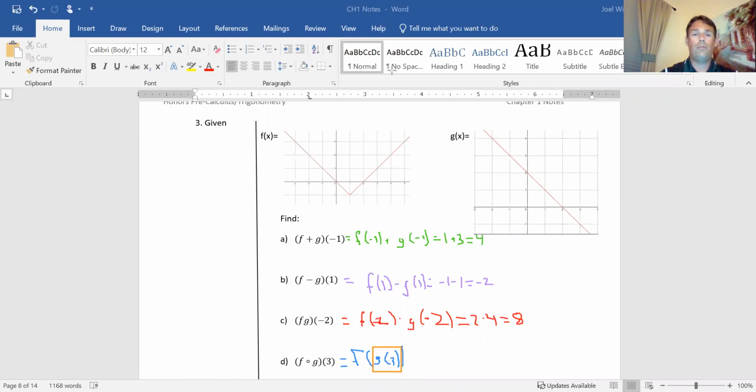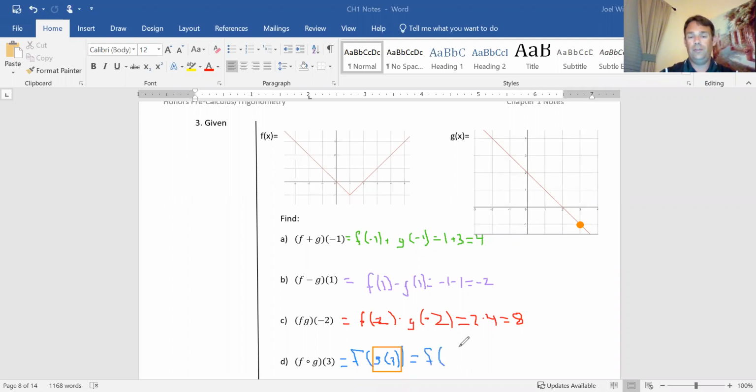So g of 3, that would be right here, that's the value -1. So what I'm looking for then is I'm going to take that g of 3 value.